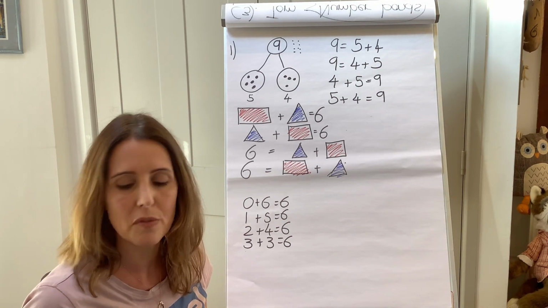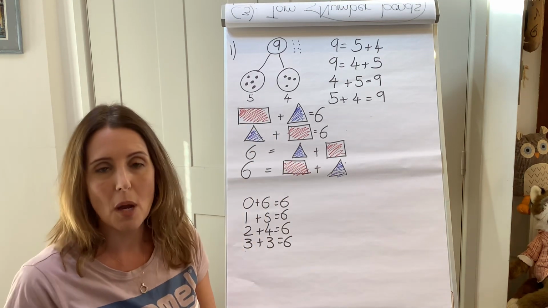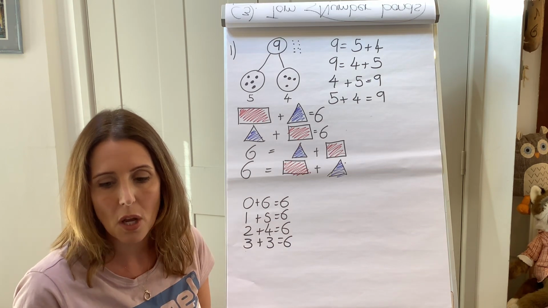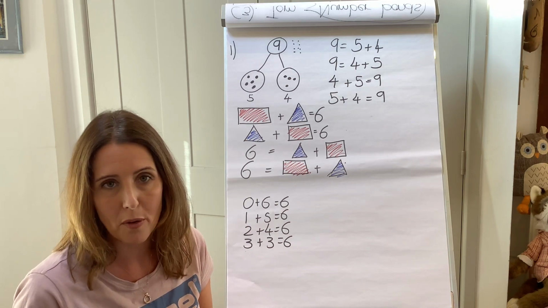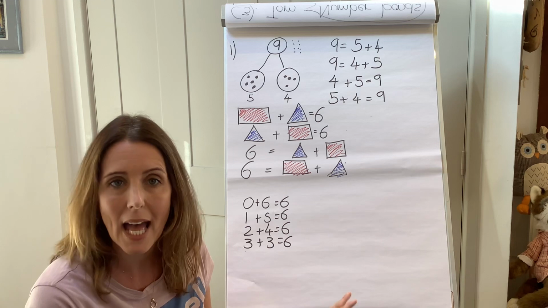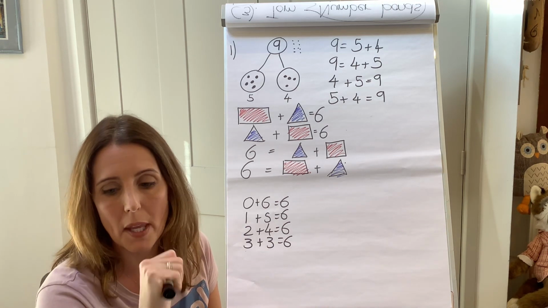The final task was finding out different combinations that Robert could buy at the sweet shop with his 10 pence. He had to buy 2 things without getting any change. What could he buy? Well, he could buy things like 2 strawberries that are both worth 5 pence, because if you write down your number bonds to 10, you can then use those to work out what he could buy.